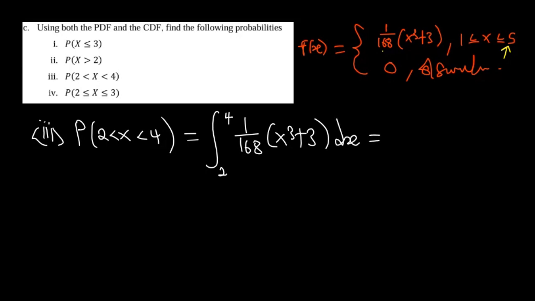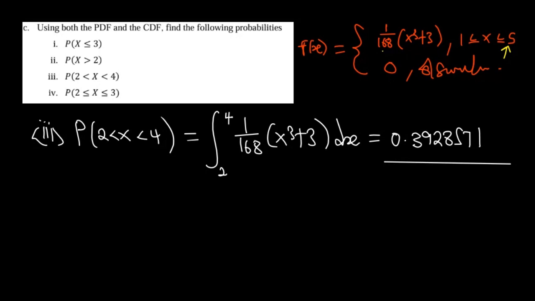So when you integrate it, what you expect to find, which is what I found in my solutions, is 0.39285571, when you use the PDF method. So just integrate and then put in those limits.